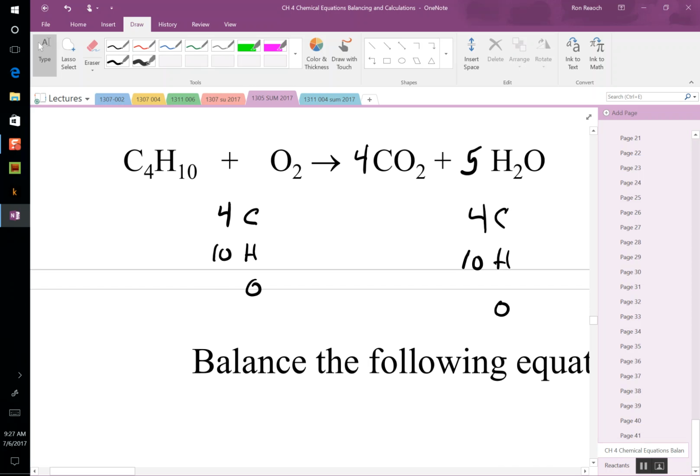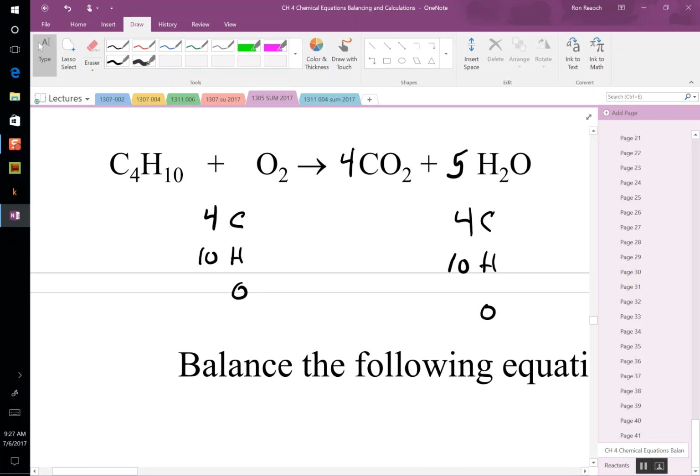So what problem do you get into? You're getting an odd number of oxygens? Yeah. Okay, so how are we going to deal with that? Okay, double everything.